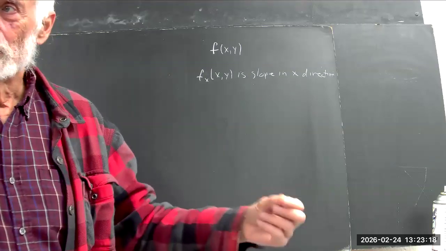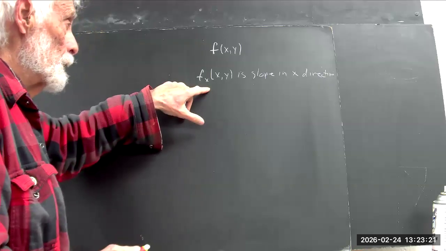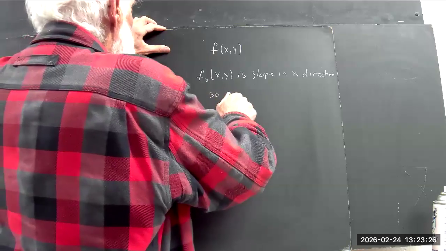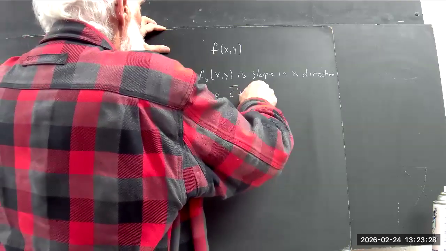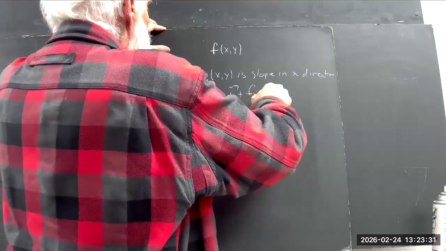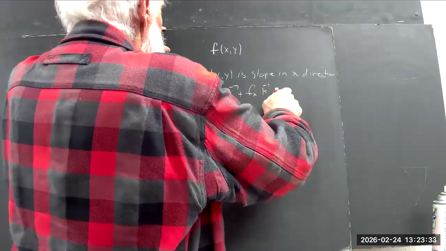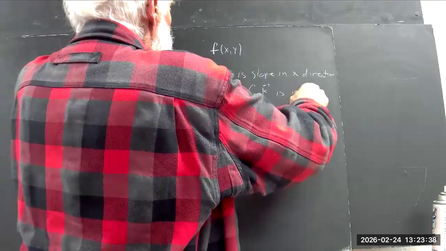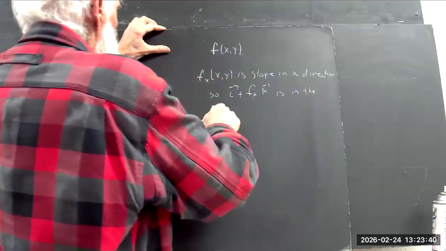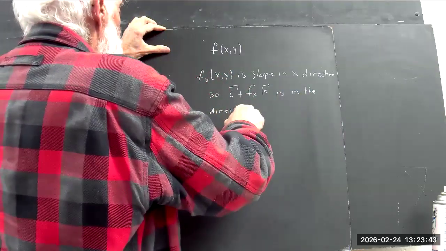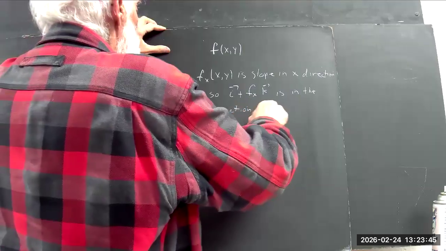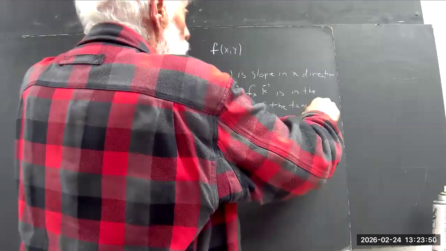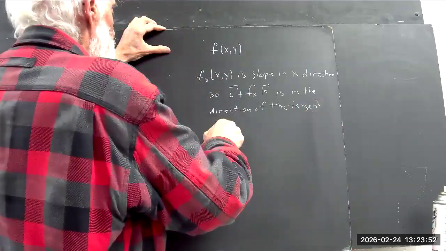They'd look a lot better than the one I made, but I think the one I made was maybe clear. fx is a slope in the x direction, so i plus fx k is in the direction of the tangent at a point.